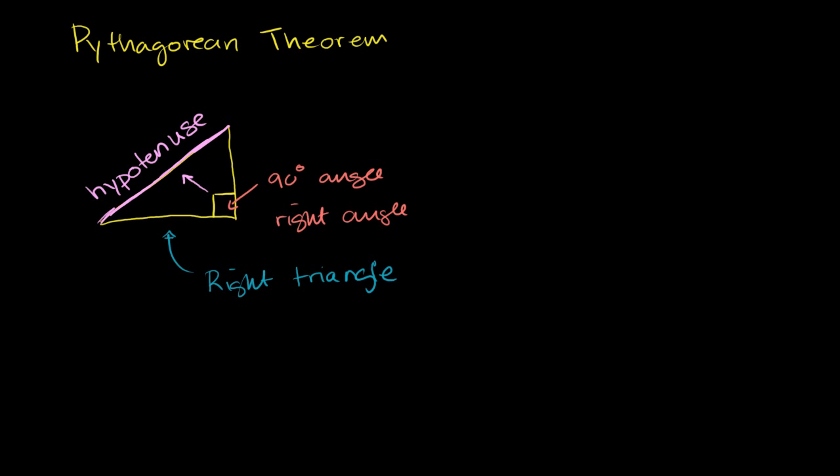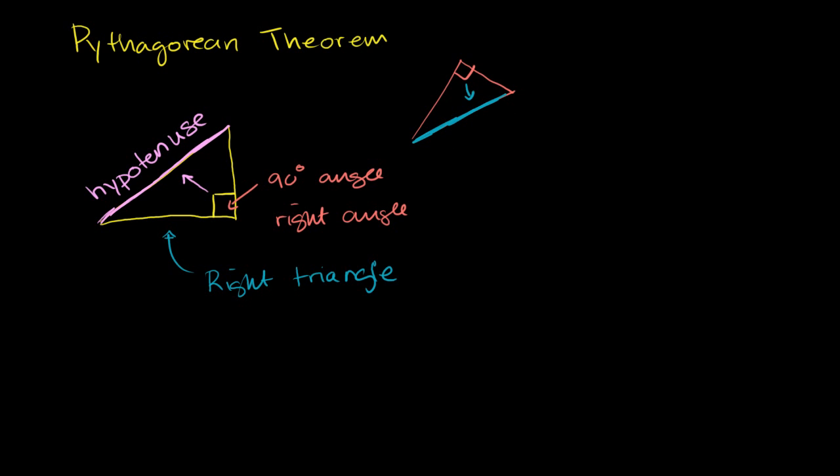It's good to know because we'll keep referring to it. Just so we always are good at identifying the hypotenuse, let me draw a couple more right triangles. Let's say I have a triangle that looks like that, and I were to tell you that this angle right here is 90 degrees. In this situation, this is the hypotenuse because it is opposite the 90 degree angle.